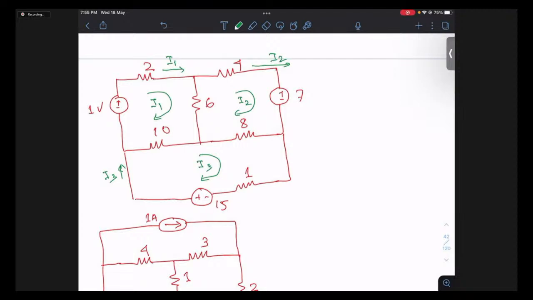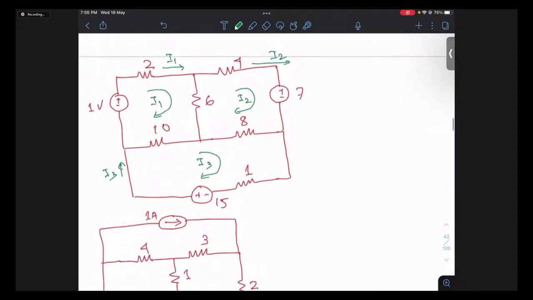Okay. So how do you write the equation? Here, for the first mesh, I'm writing the KVL. So here, 1 minus 2I1, minus 6 into (I1 minus I2), minus 10 into (I1 minus I3) equals 0.